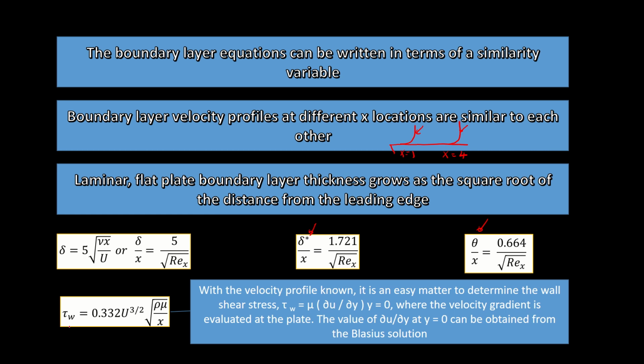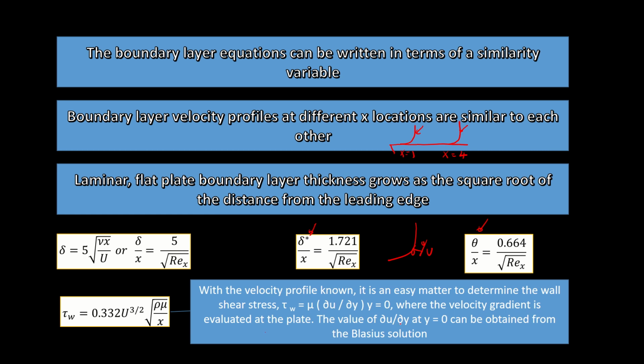For the wall shear stress, with the velocity profile u over U given, there is an easy method to determine it: the wall shear stress tau wall equals mu du dy at y equal to 0, where the velocity gradient is evaluated at the plate.